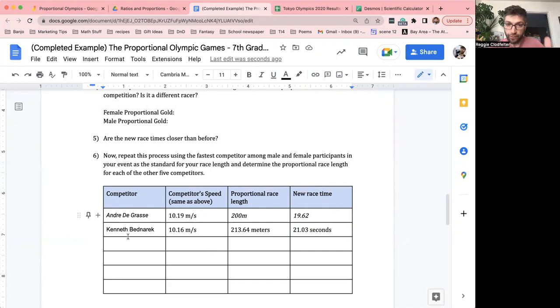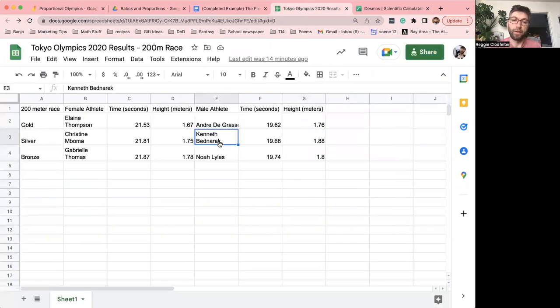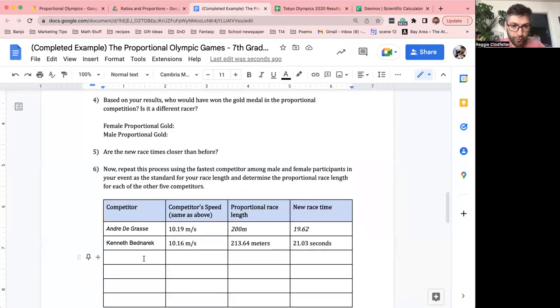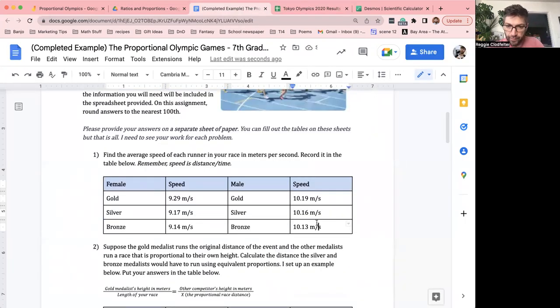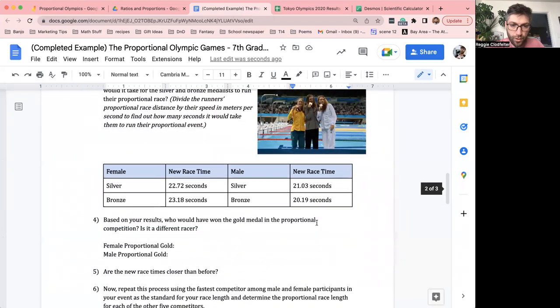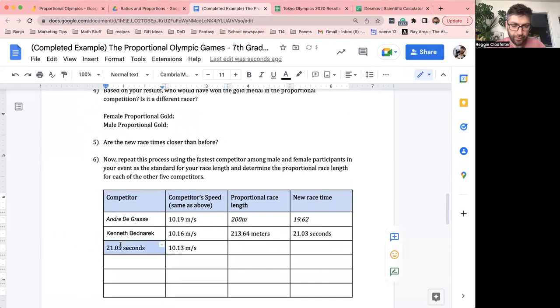And for my first 3 rows on question 6, I don't need to do any new math, because I already compared these competitors to the gold medalist in their division. So then I'll do Noah Lyles, bronze medalist in this division, put him in row 3, and grab Noah Lyles' speed from question 1 to put here.